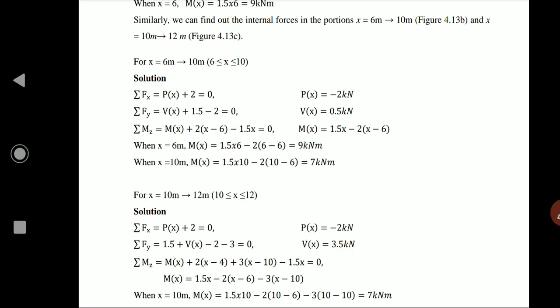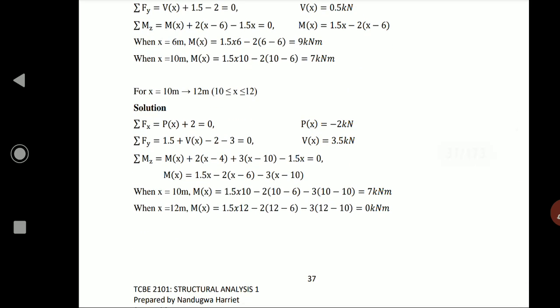Our bending moment M(x) plus 2 into (x minus 6), that's the perpendicular distance, minus 1.5 times x. Then when x is 6, the bending moment becomes 9, and when x is 10 meters, the bending moment becomes 7 kilonewton-meters.